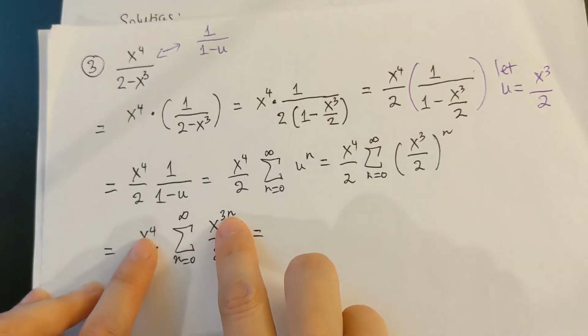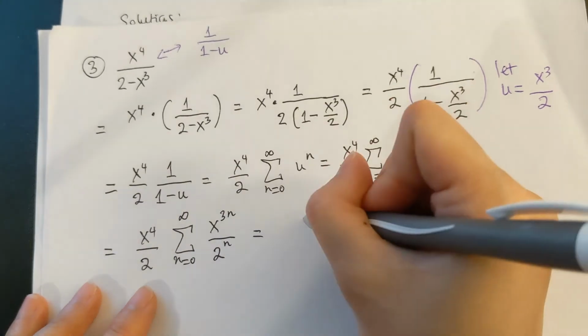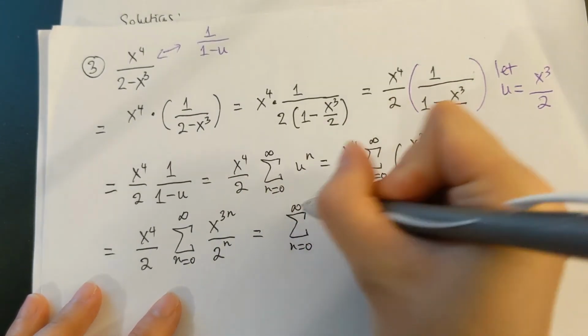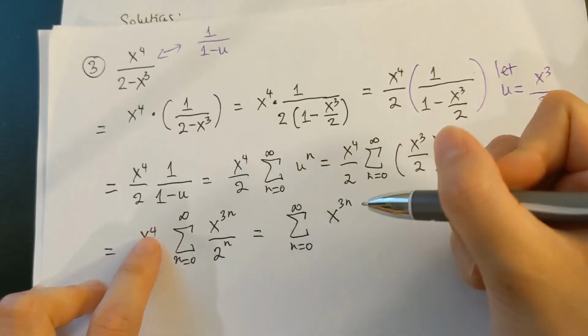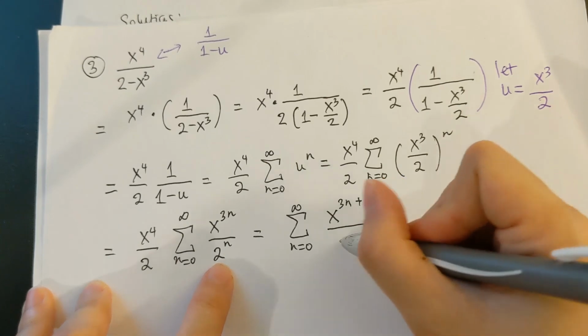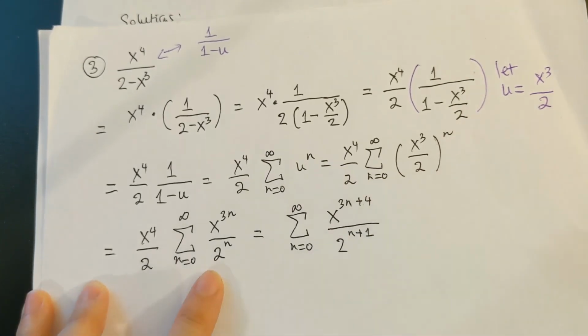Okay, and then I'll combine the like terms. So this is x to the 3n plus 4. And down here is 2 to the n plus 1.